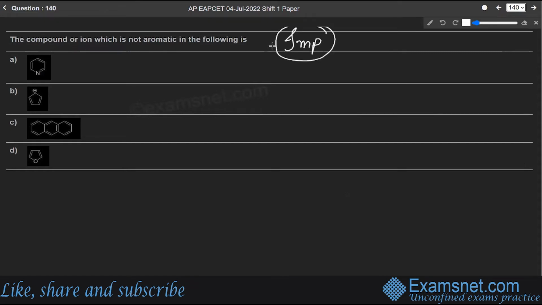I will tell you a very good short trick for this particular question. How do we do this kind of question? It's particularly from GOC, the aromaticity topic. This question is very frequently asked in every exam, by all the exam agencies that conduct them. So how do you check aromaticity? There's Huckel's rule.